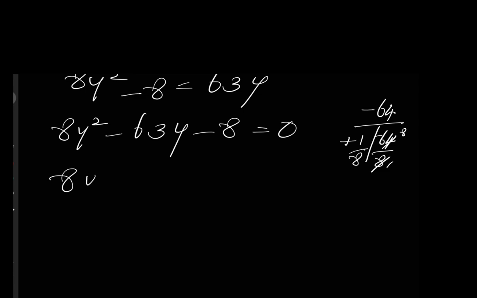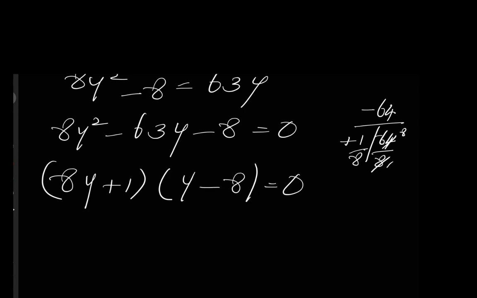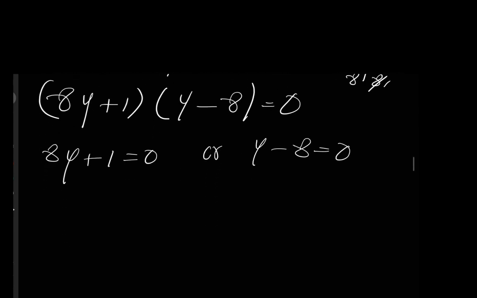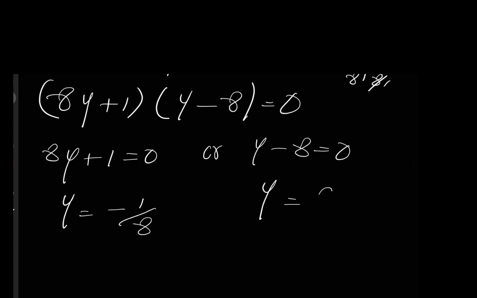So you will get the factors as 8y plus 1, then y minus 8 is equal to 0. So 8y plus 1 equal to 0 or y minus 8 equal to 0. So therefore y is equal to minus 1 by 8. Here y is equal to 8.